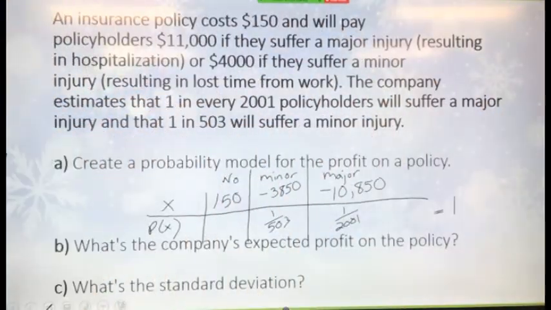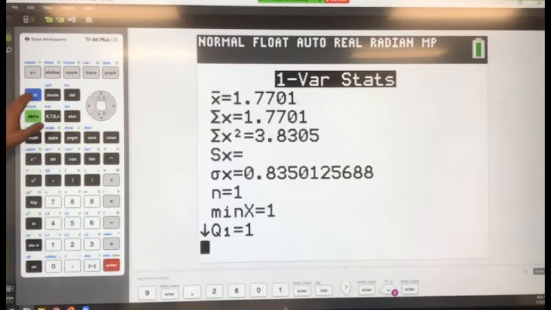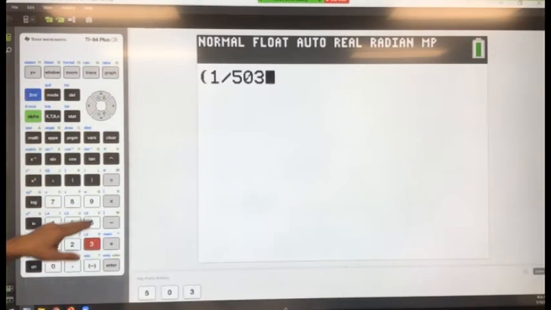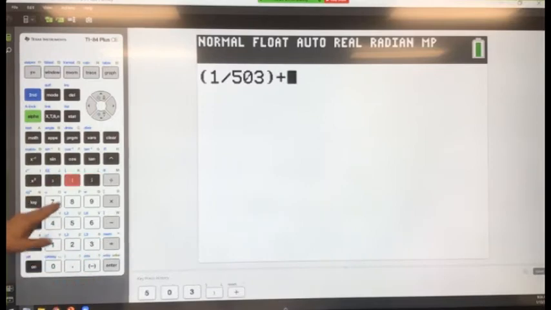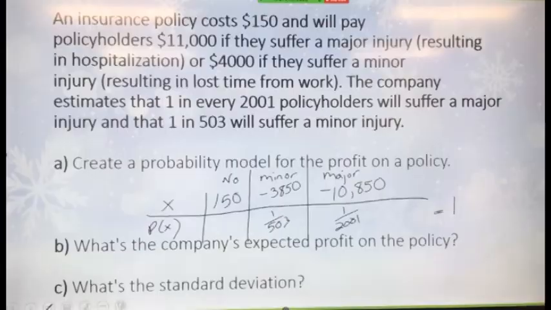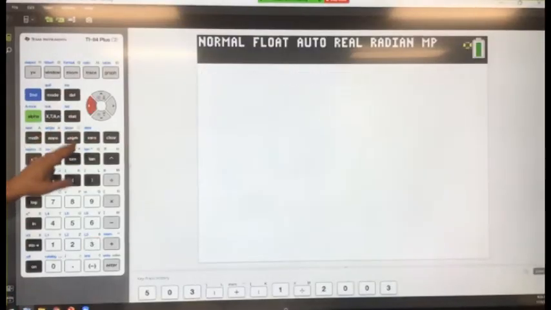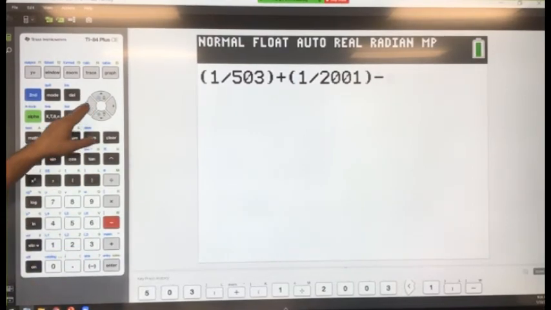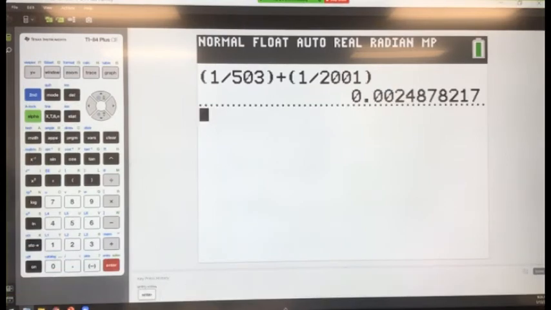So let's see. 1 over 503 plus 1 over 2001. Actually, I'm going to add that together.